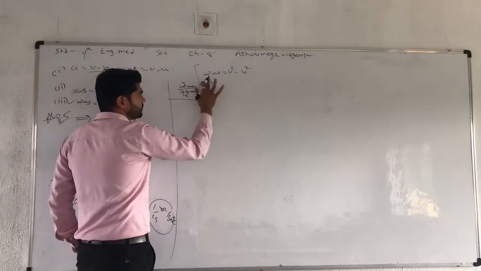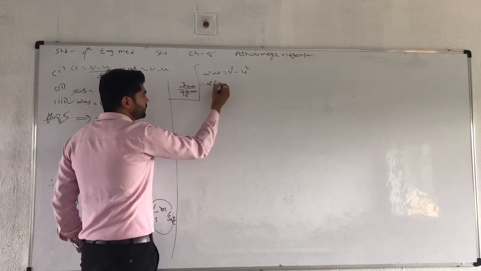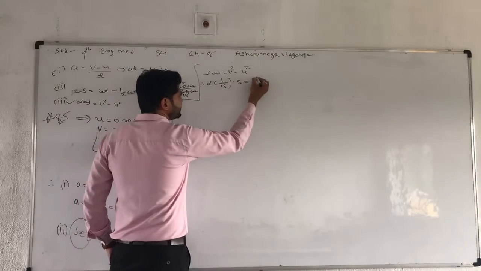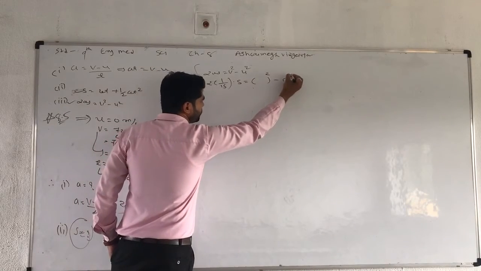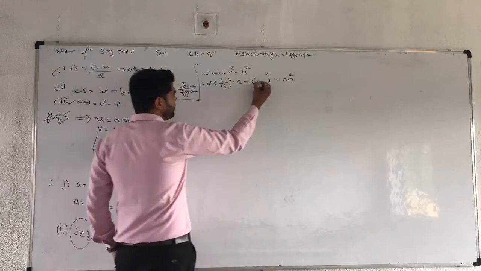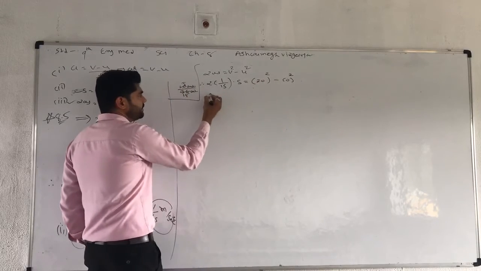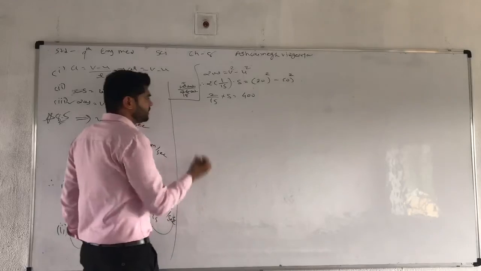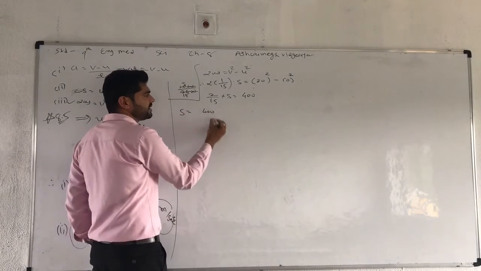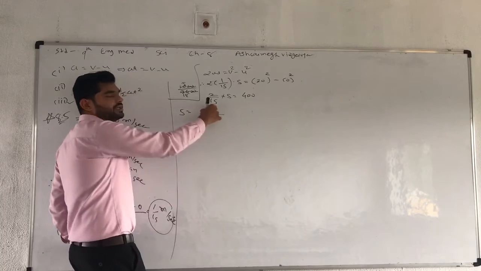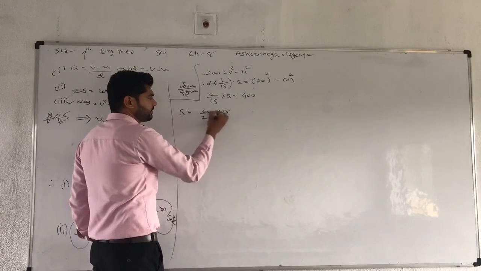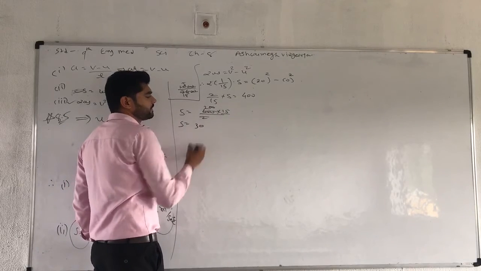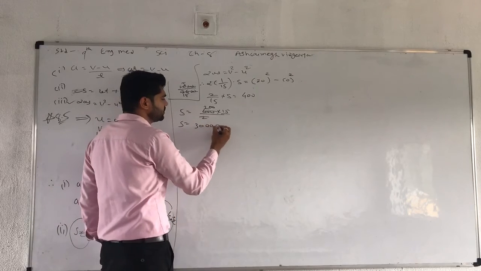Subject s, therefore 2 into 1/15 into s is equal to v square minus u square. Initial u is 0, therefore taken 0. v is equal to 20. 2 divided by 15 multiplied by s is equal to 400. Now for subject s, 400 is multiplied by 15 divided by 2, so division converts into multiplication. 400 divided by 2 is 200. 15 into 200 is 3000 meters.